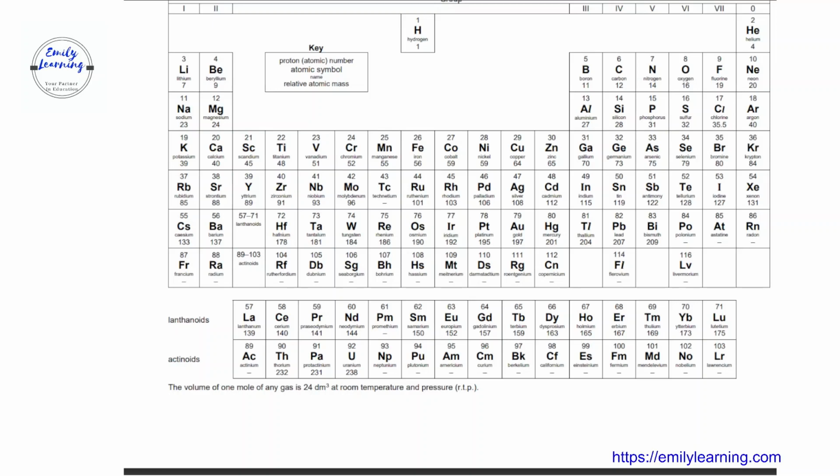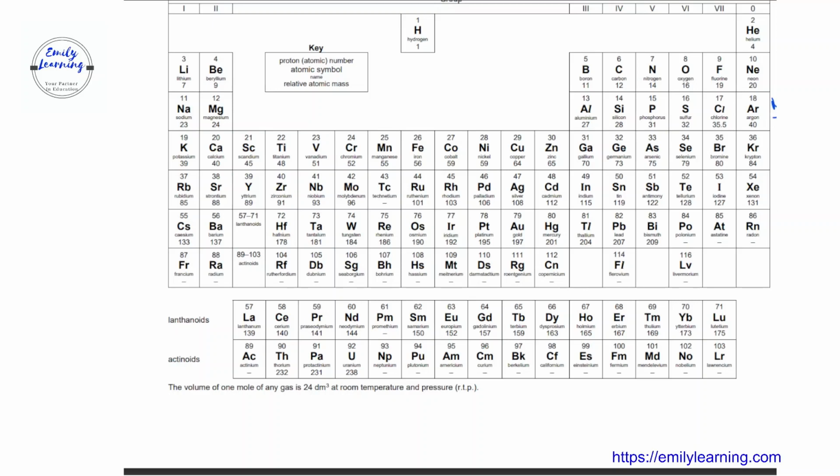Air is made up of mainly nitrogen. The Mr of nitrogen is 14 times 2, which is 28. Most of air is nitrogen, and there's some oxygen, so the average Mr of air is usually around 30. If you compare the Mr of bromine with nitrogen, which is 28, it is way above.